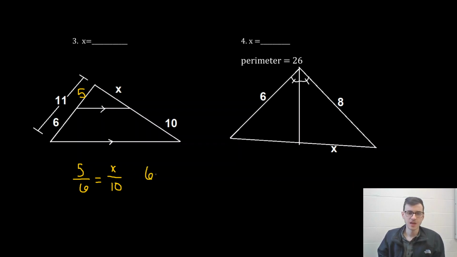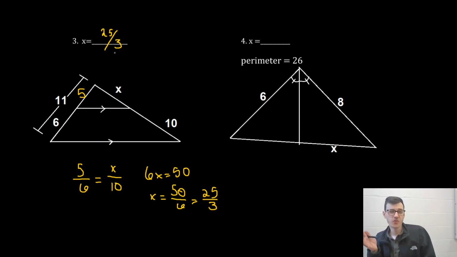So 6x equals 50, or x equals 50 over 6, which is 25 over 3. So x is 25 divided by 3. Again, don't be afraid of fractions. They're just numbers. So that was quick. That was nice. And we didn't have to do anything tricky there.